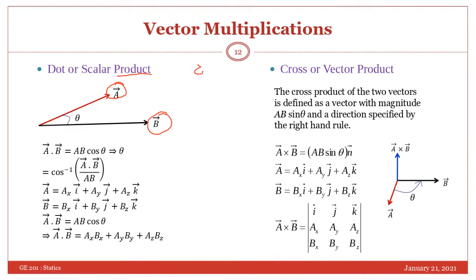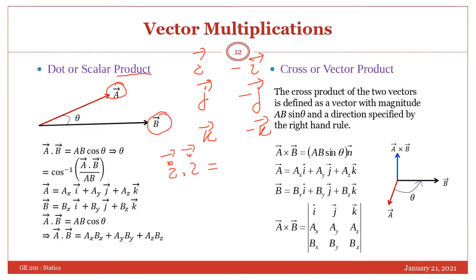One is i, second is j, third is k, and fourth is minus i, which represents the negative x direction, then minus j, which represents the negative y direction, and minus k, which represents the negative z direction. Let us multiply first i with i.